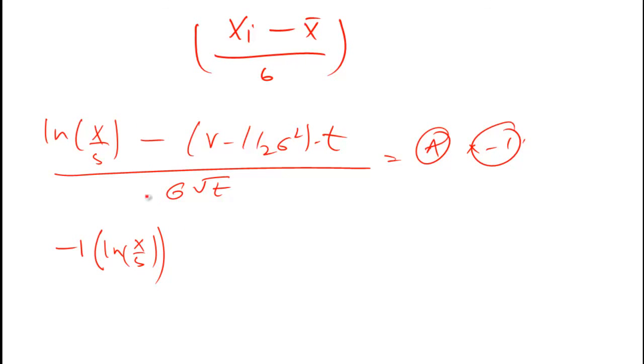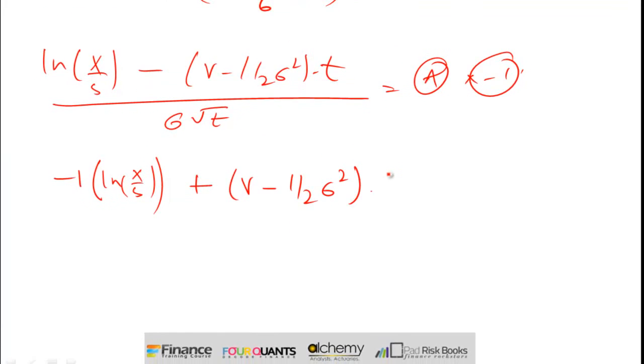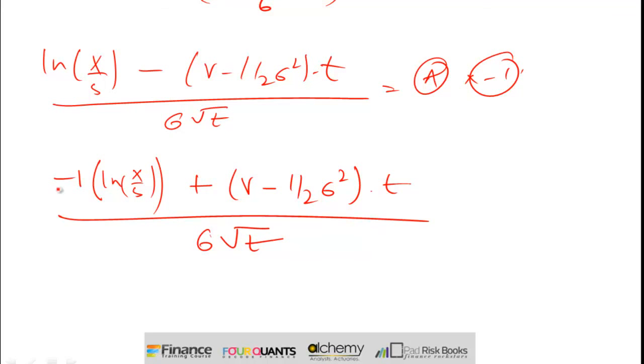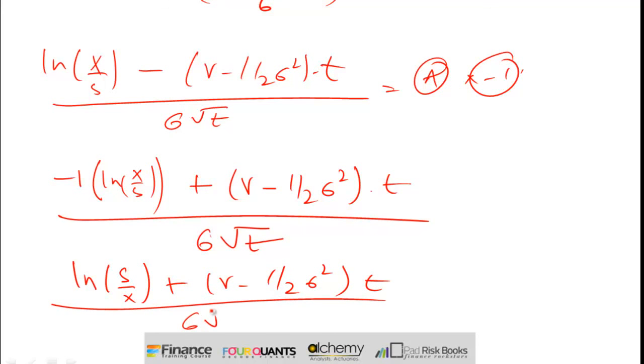The minus into minus 1 will give us a plus r minus half sigma square into t, over sigma under root t. Now minus 1 ln x over s is actually ln s over x, plus r minus half sigma square t, into sigma under root t.